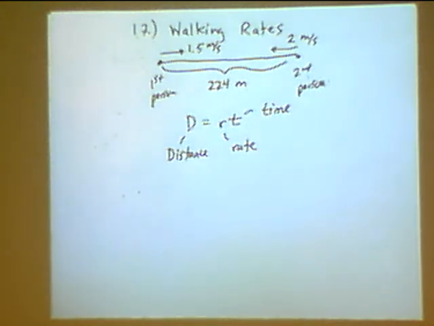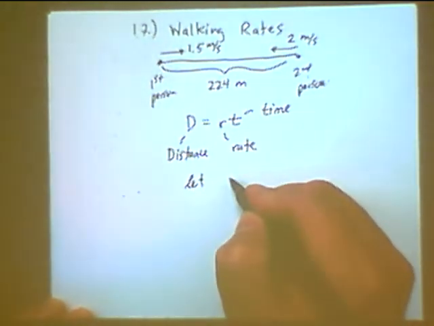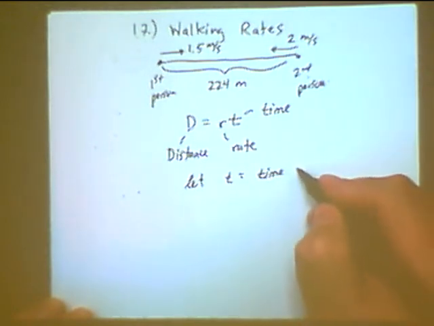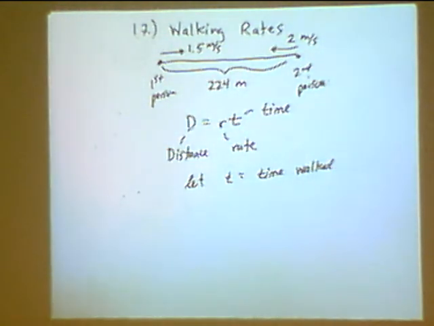Let's say that we'll let T equal the amount of time they walked. So T is going to be the amount of time they walked before they bumped into each other. And now let's think about what's actually going on.